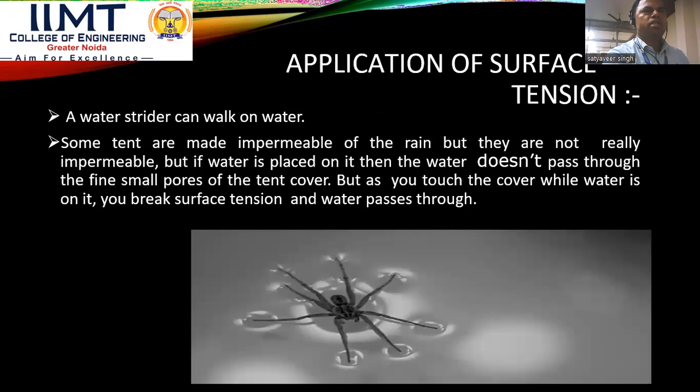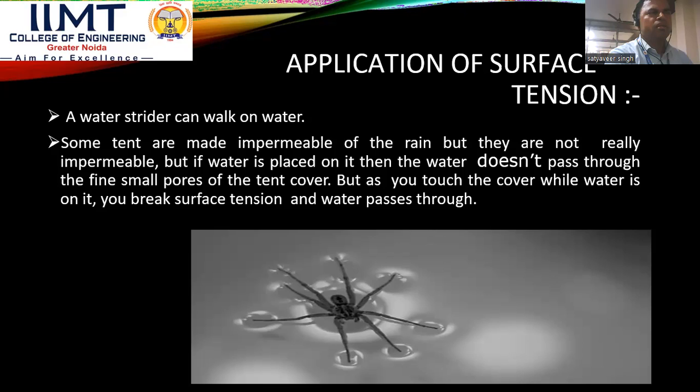Now we have to understand the various applications of surface tension in real life. In the figure, a water strider can walk on the water due to the surface tension effect.